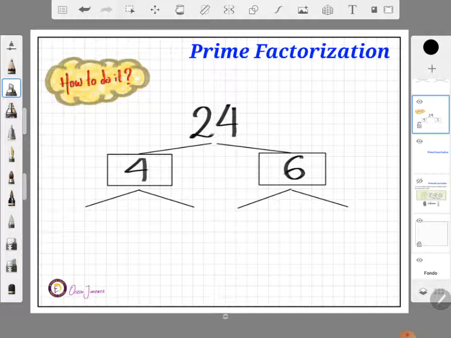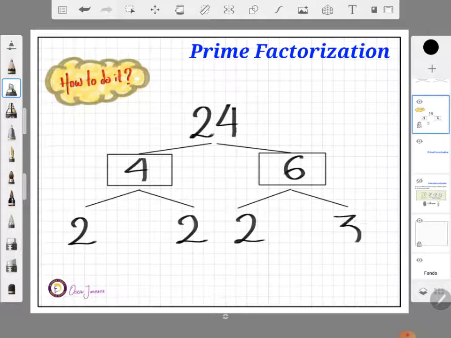So we need to continue finding the factors of these other numbers, okay? The factors for the number 4 are just 2 and 2, so if you multiply 2 times 2, you will have 4. Now for the number 6, you have to multiply 2 and 3. If you multiply 2 times 3, you will have 6. Now, these numbers are factors, but also are prime numbers.